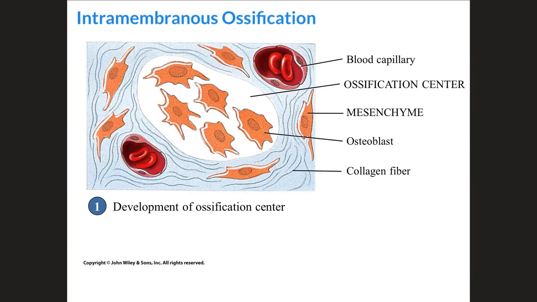So in intramembranous ossification, we're going to have that condensation of the mesenchyme into a soft sheet. Eventually, there's going to be the formation of an ossification center. And we'll also see during this development that blood capillaries are going to start to permeate into the area in order to deliver nutrients to those cells.